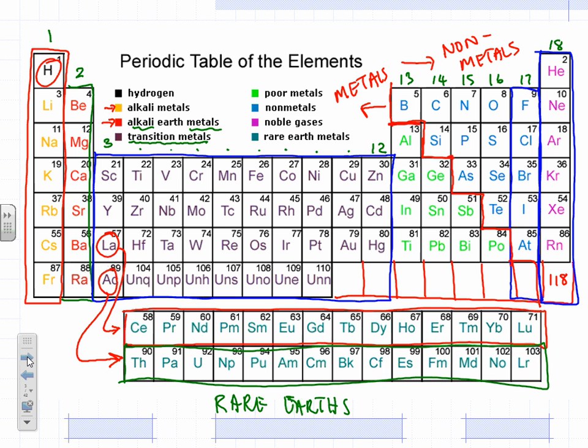So those elements that are on the edge of this line that splits the metals from the non-metals are often referred to as poor metals or metalloids, because they have properties of metals but also display properties of non-metals. Or in other words, they're not really that good at being metallic because they are also non-metallic, so sometimes referred to as poor metals.